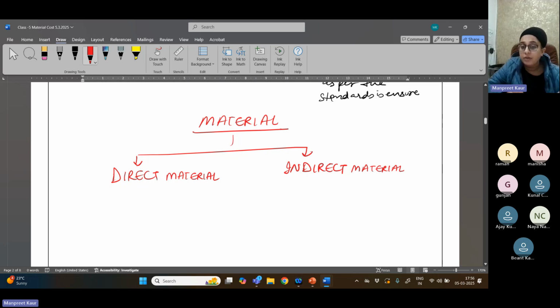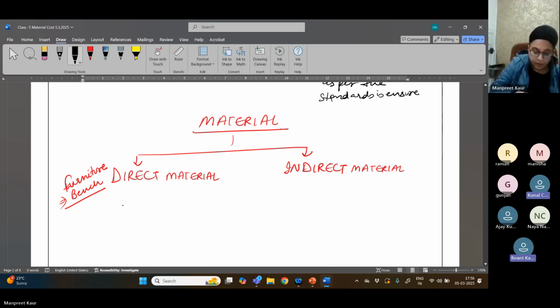Any idea to anyone? Direct material in case of, you can say, the furniture industry. We are manufacturing a bench in the furniture industry. What is the direct material for the furniture industry?